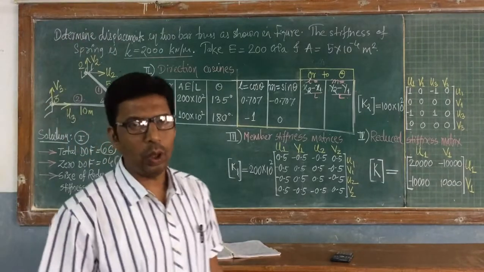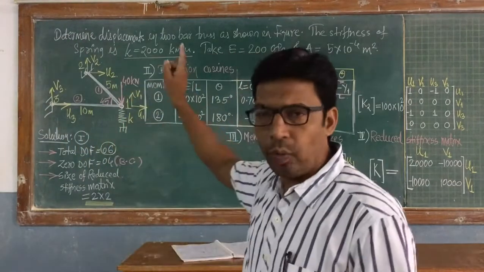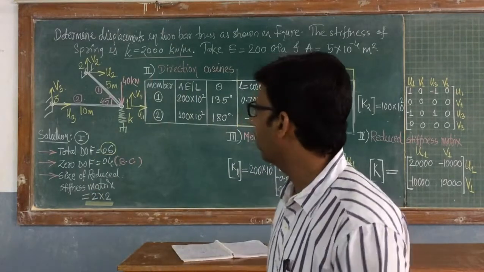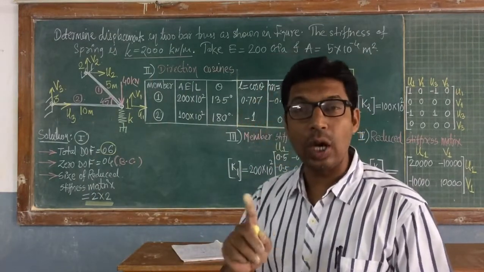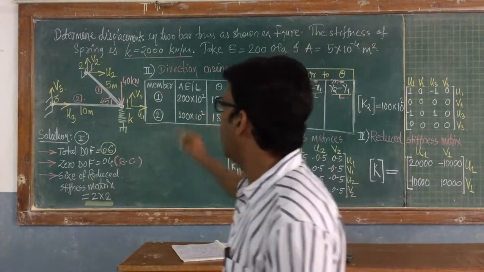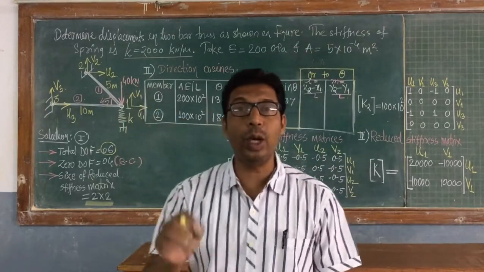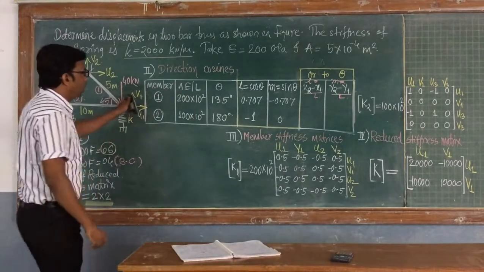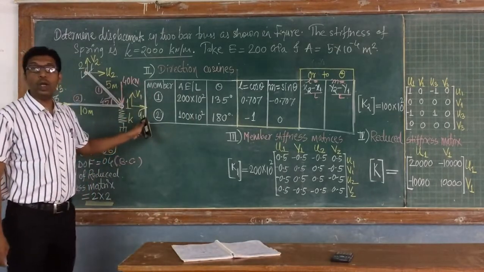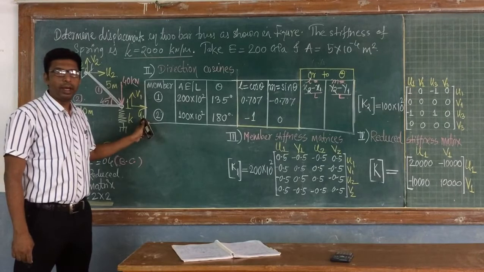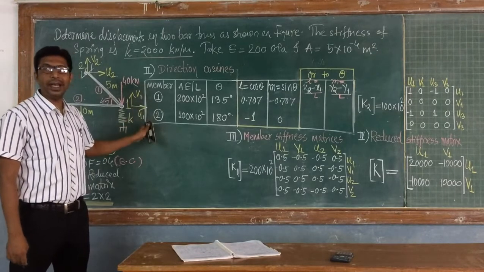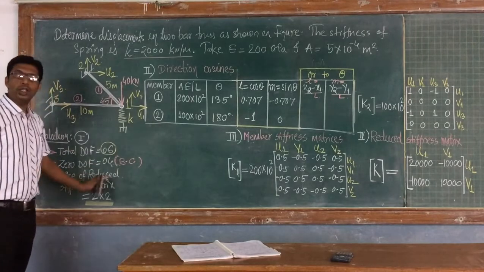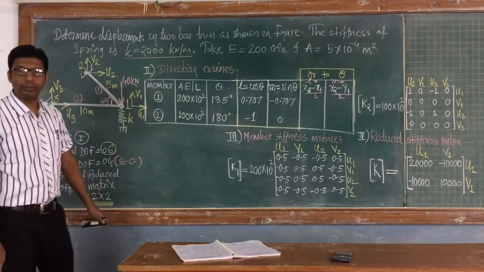Out of these 6 unknowns, U2, V2 and U3, V3 are 0 because of fixed support. It means finally non-zero displacements are U1, V1, which we have to determine. U1, V1 are the final unknown displacements. So these two displacements represent two final unknowns. Size of the stiffness matrix 2 by 2.